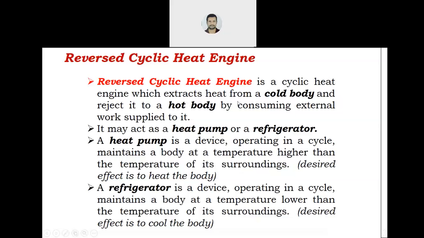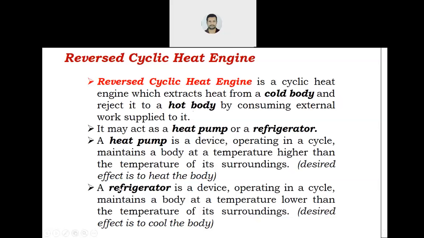It takes heat from a cold body and rejects it to a hot body by consuming some amount of external work. Means we are doing some work on the system to transfer heat from the cold body to the hot body. Examples of this kind of reverse cycle heat engine are the heat pump and the refrigerator.